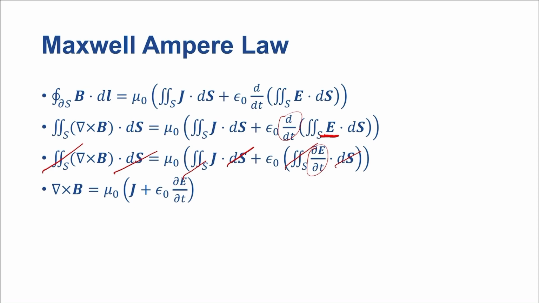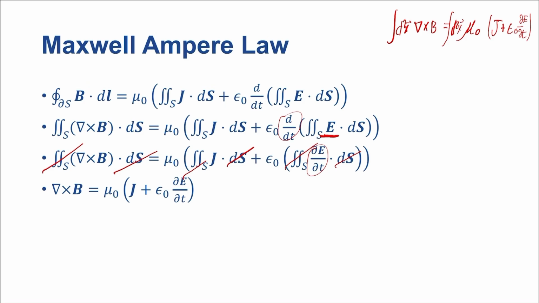Now doing this from the differential form, you start with nabla times B equals mu naught J plus epsilon naught dE/dt. Of course, what you just do is you do an integral over your surface, then you do another integral over your surface, and then this is the same thing.